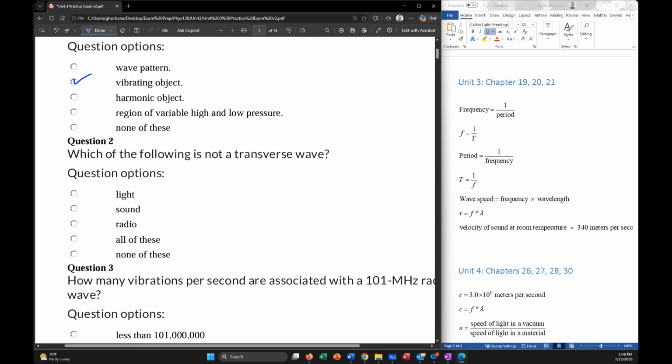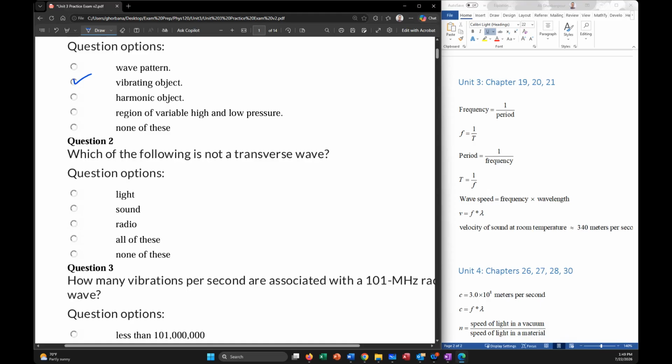A transverse wave is a wave where the vibration of the moving object is perpendicular to the propagation in a medium. But in a longitudinal wave, these two motions are in the same direction.